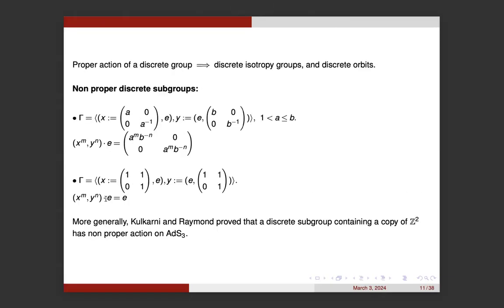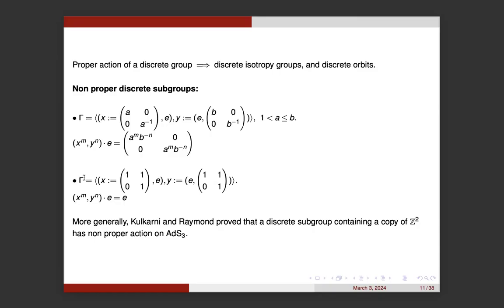So when I apply this to the identity, it's this matrix times the inverse of this one, so it's the identity. And in fact, this group is in the isotropy group of E, and it is infinite. Gamma is an infinite group. So I have an infinite isotropy group. This also contradicts the properness condition.